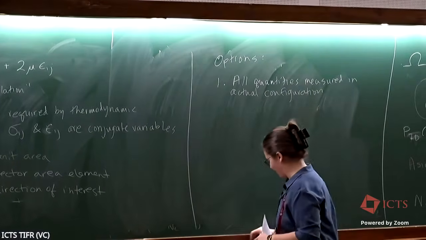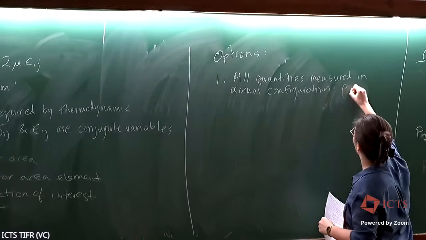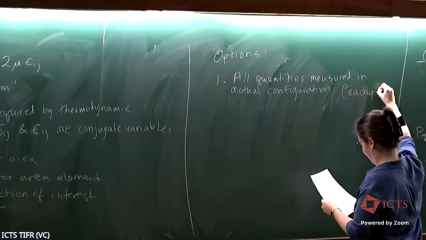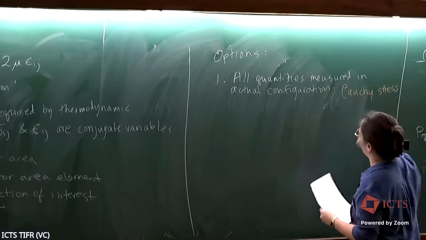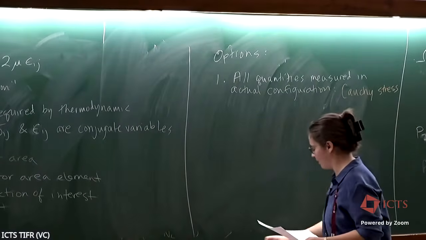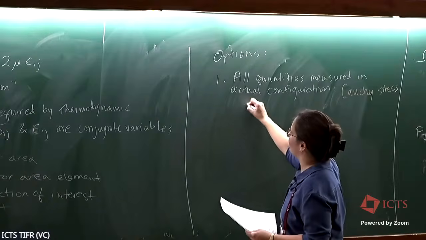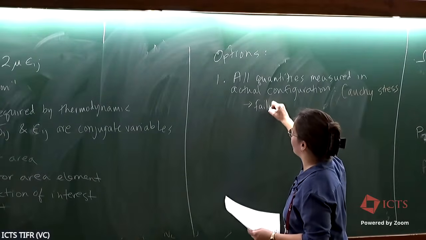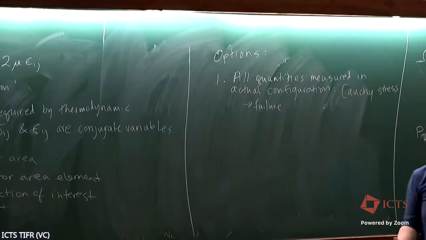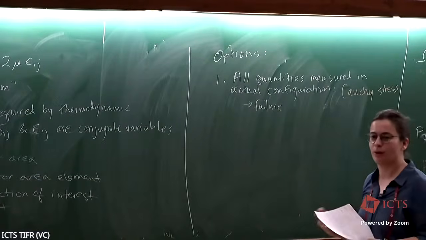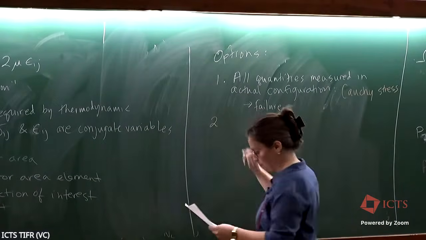So this gives us the Cauchy stress, also called the true stress. And this is useful in a lot of different contexts, but it's certainly what you want to think about if you're wondering if your material is going to fail. You would want to know what the actual true stress is on the material.